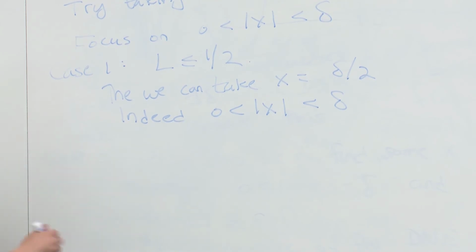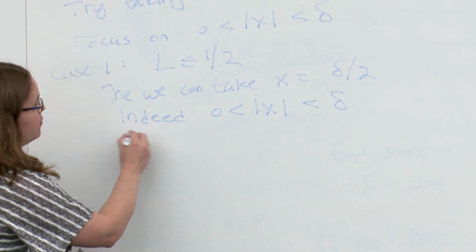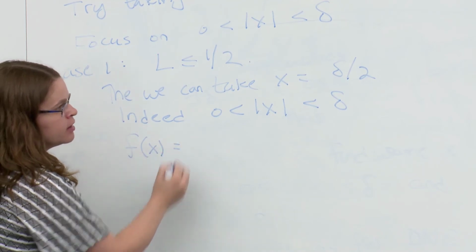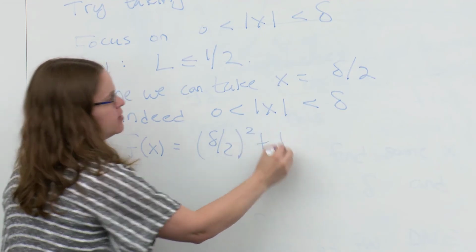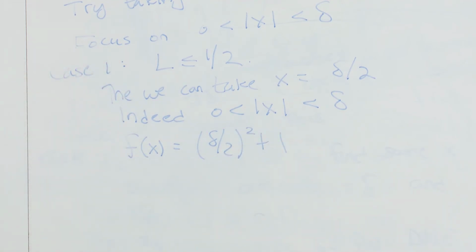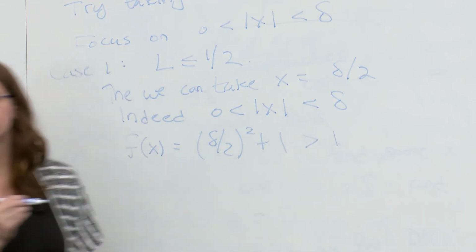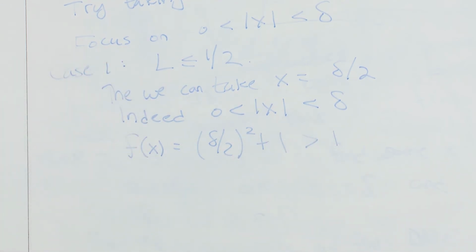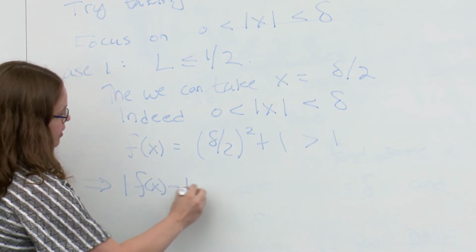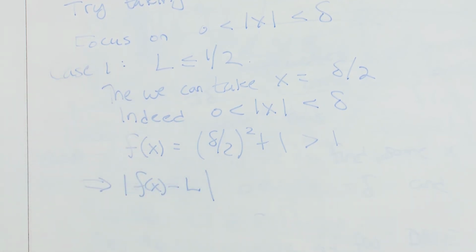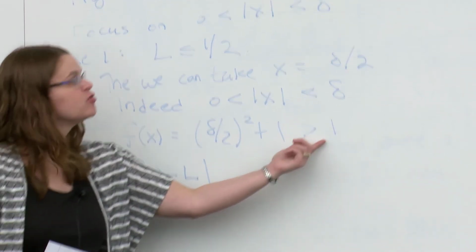Okay, so what do we know about this particular value of f? f of x is delta over 2 squared plus 1 in this case. And let's just simplify things down. This is certainly bigger than 1, yes? Okay, and that means that f of x is bigger than 1.